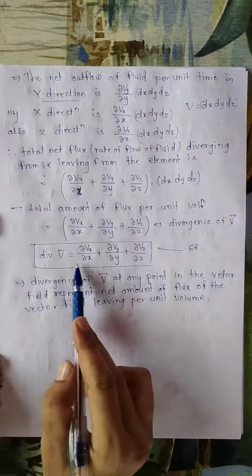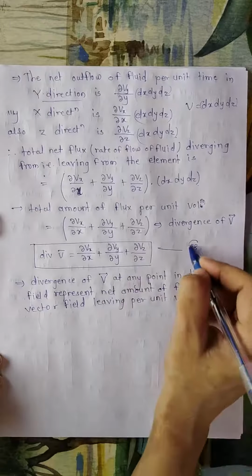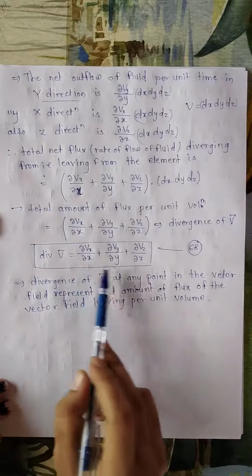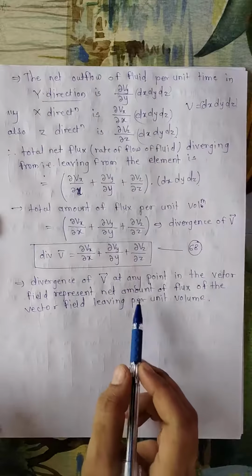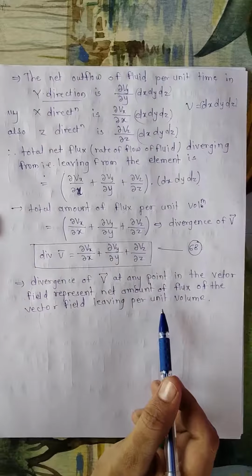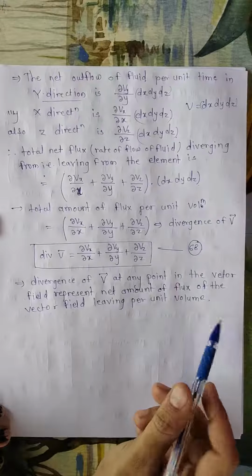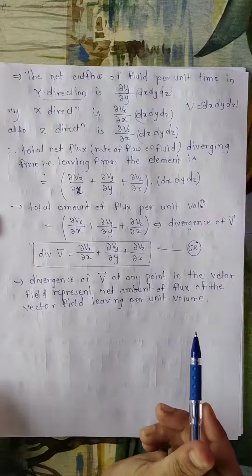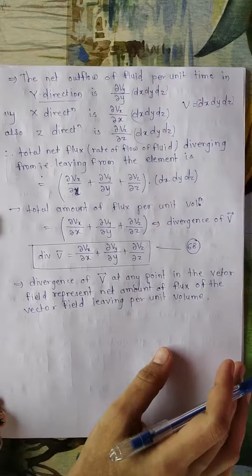So the expression of divergence of V bar is nothing but the net amount of flux of a vector field which is leaving per unit volume. So divergence of V bar at any point represents the net amount of flux of that vector field leaving per unit volume. Now from this we can draw three conclusions.